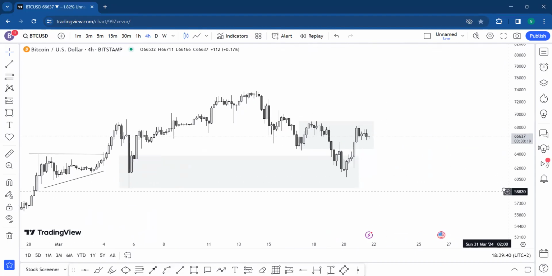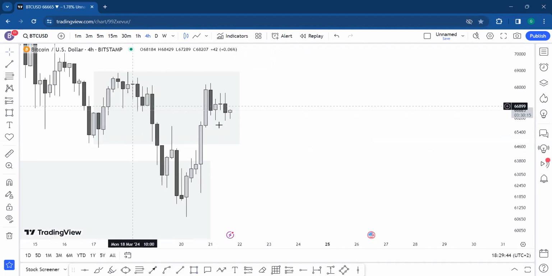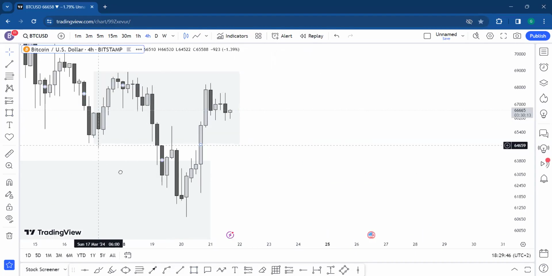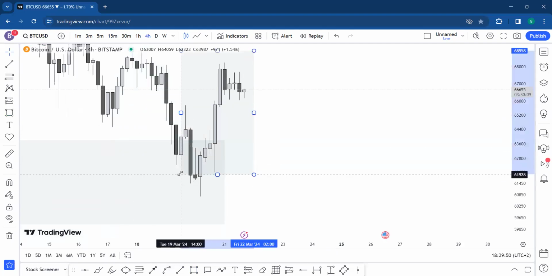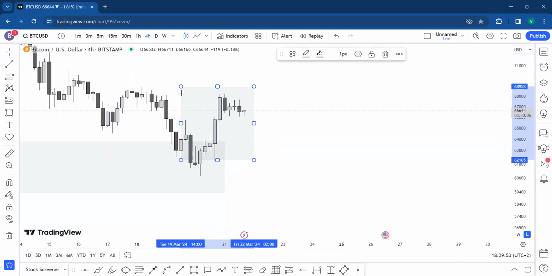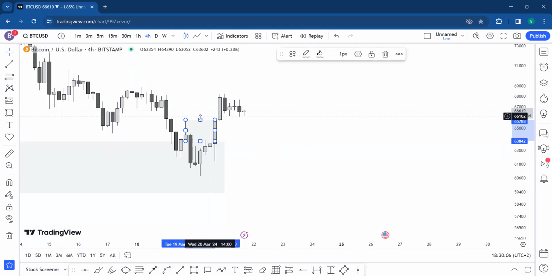Now on H4, we're having something like this. This was our supply area. If we had to refine it, we'd refine the whole demand to this, which is that supply area.